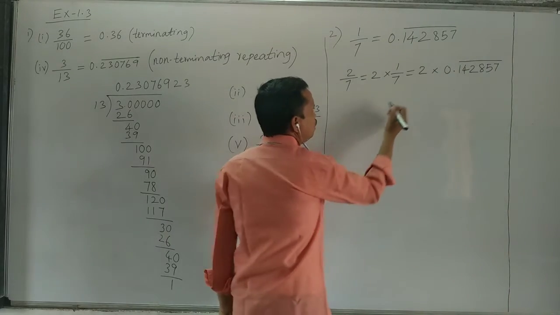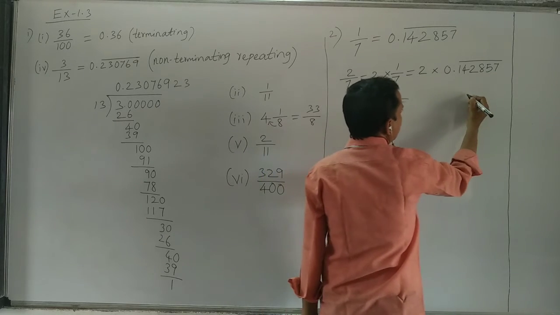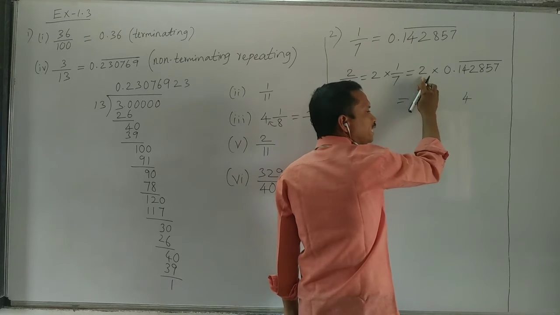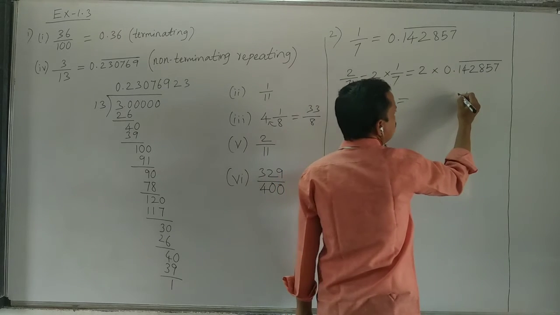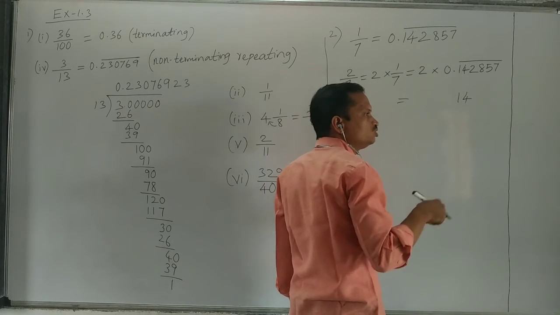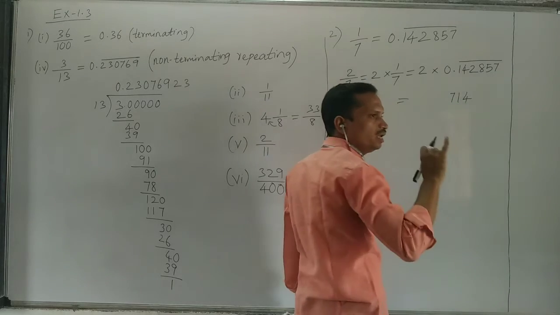And now you just multiply this. 7 into 2, 14, 4 carry 1. 5 into 2, 10 plus 1, 11, 1 and carry 1. 8 into 2, 16 plus 1, 17, 7 carry 1.